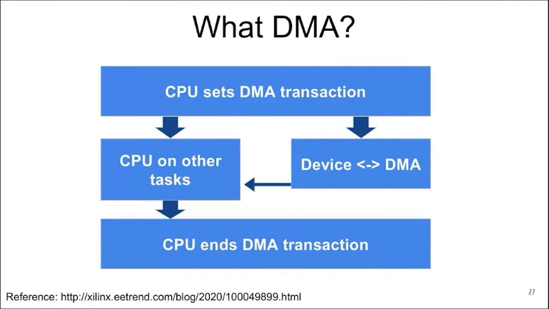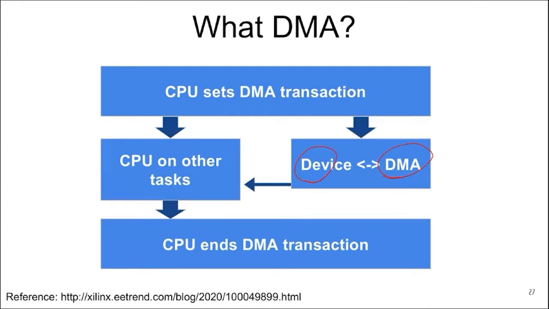So let's explain in detail what direct memory access is. The CPU first will send an instruction to the DMA IP that you want to do data movement. So the DMA receives the source, the destination, the width of the data, and the length of the data.